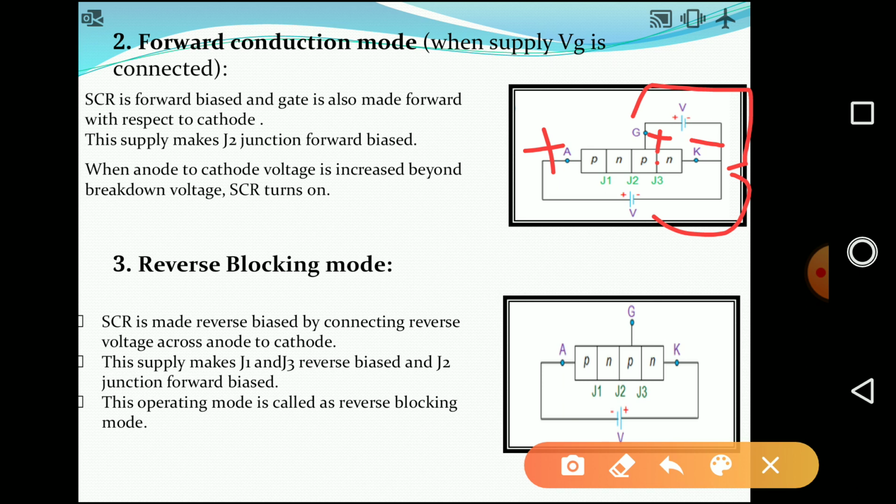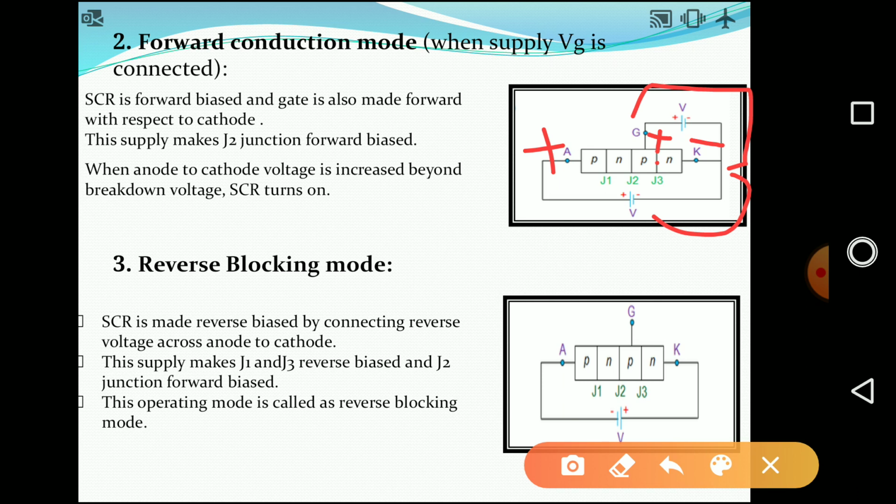In this, SCR is forward biased from anode to cathode, but this voltage makes J2 reverse biased. To make J2 forward biased, we connect supply from gate to cathode. The gate is connected to the positive supply and the cathode to the negative supply.